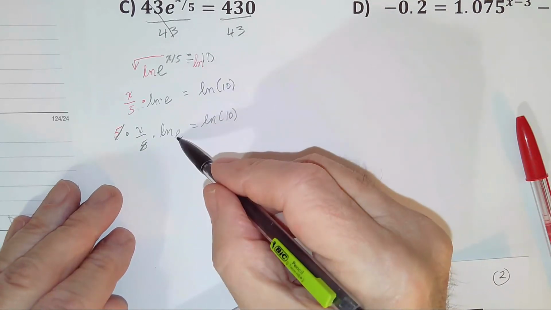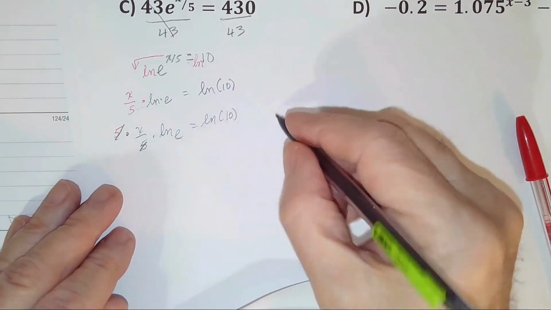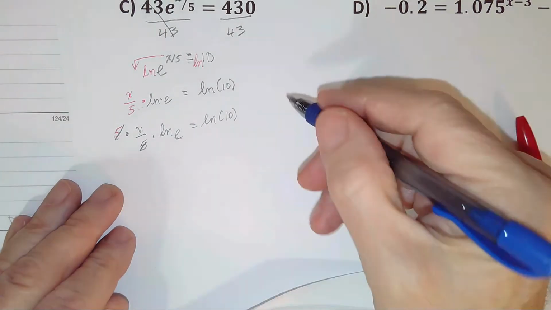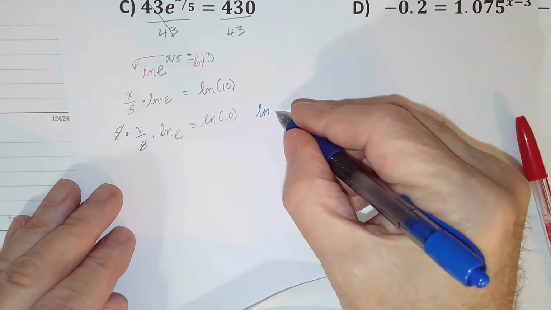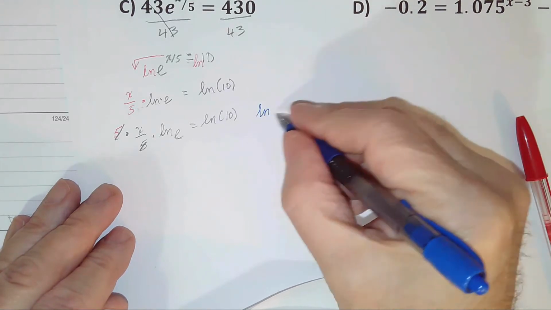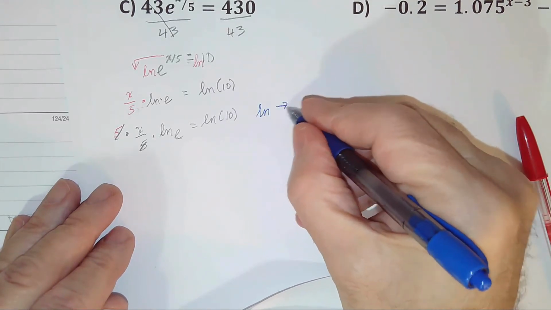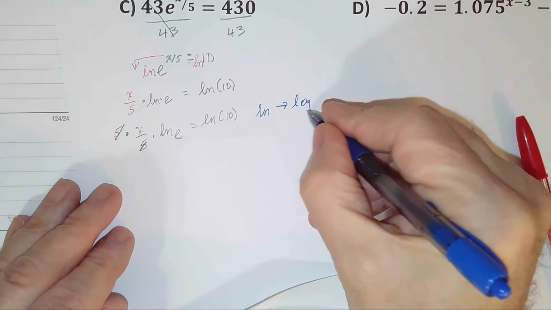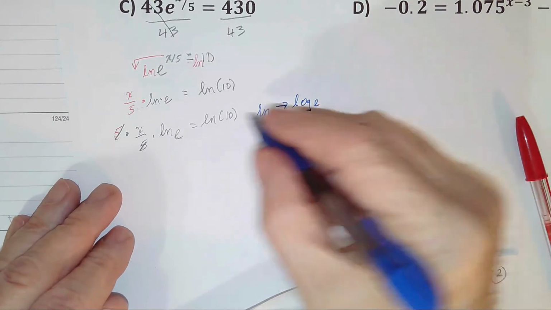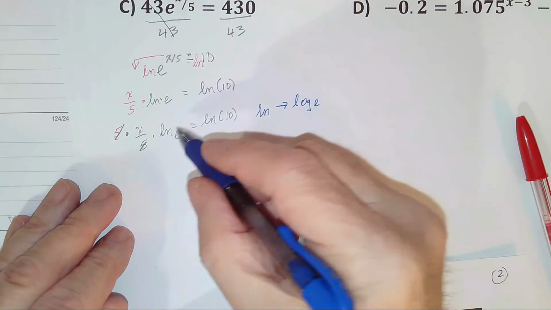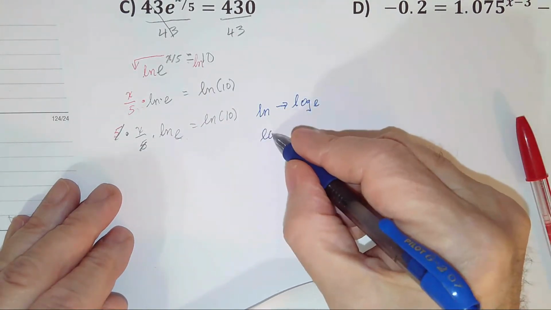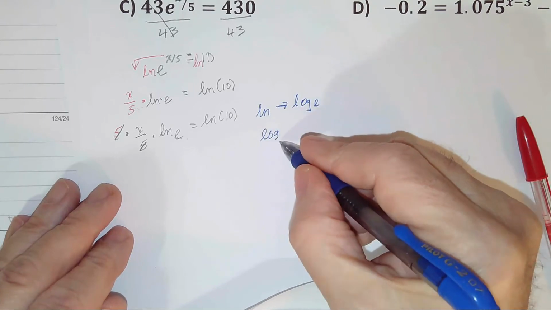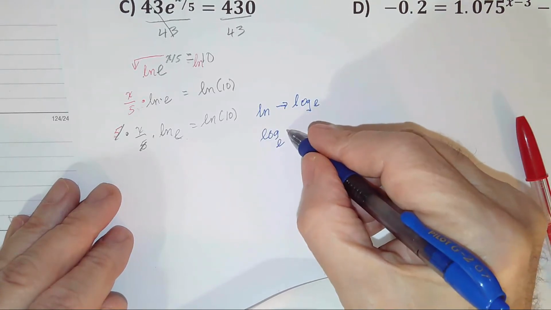That's the same as, so natural log is the same as the log base e, right? So really what I have here with the natural log of e is the log base e of e.